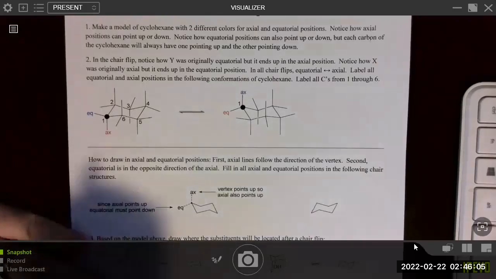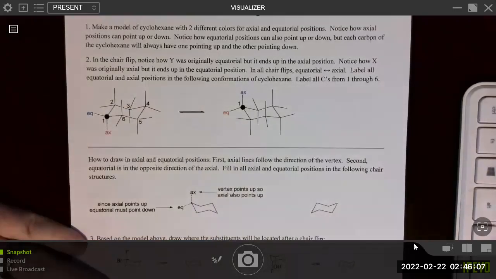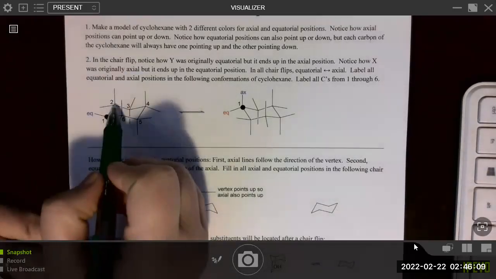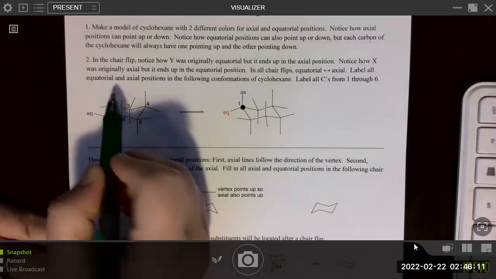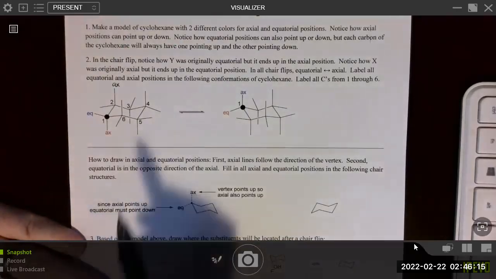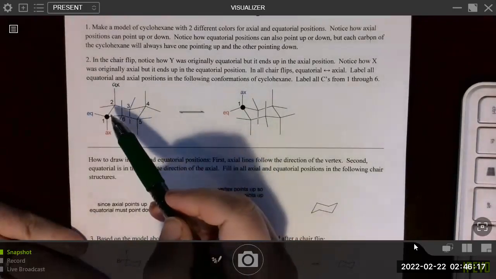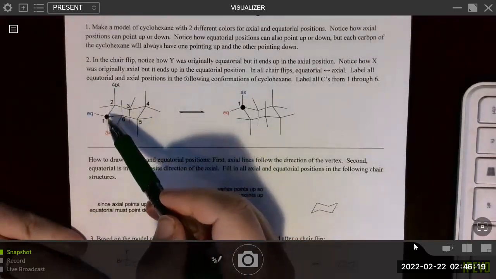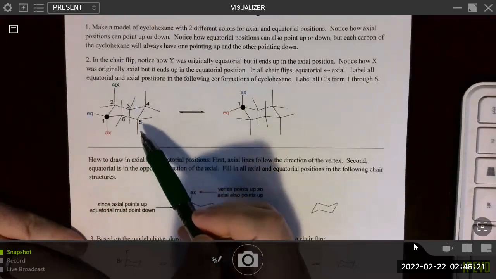Okay, so moving on to carbon number 2 here. You can see that one group is pointed straight up, so that'll be the axial position. One thing you'll notice is that axial will switch between straight down and straight up on adjacent carbons.